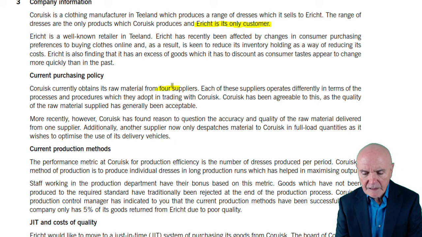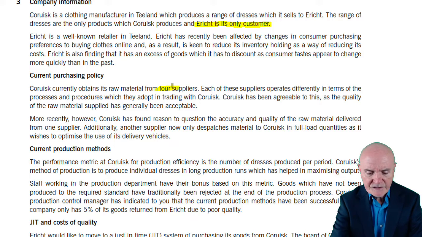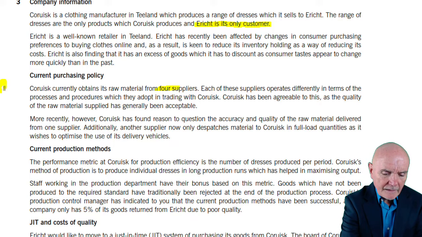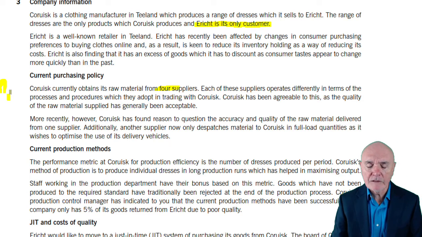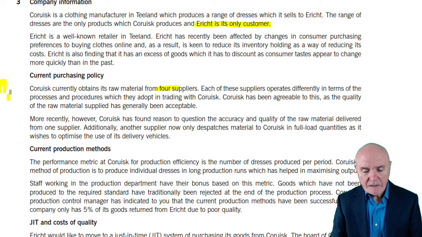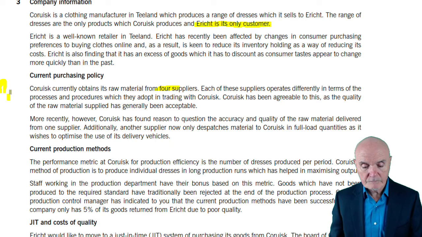Each of these suppliers operates differently in terms of processes and procedures, and it might be that though CORUSC is happy with it, that it's not very efficient. As the quality of the raw materials supplied has generally been acceptable. Generally.